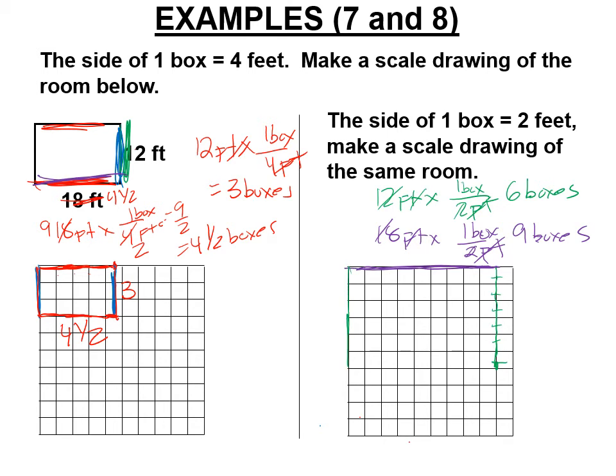Okay, so these sides are 6, and these sides are 9, right? And this one is twice as big as the first one, because 4.5 times 2 is 9, and 3 times 2 is 6. Well, it's not feet. It's 6 boxes by 9 boxes. Okay. You've made a scale drawing.